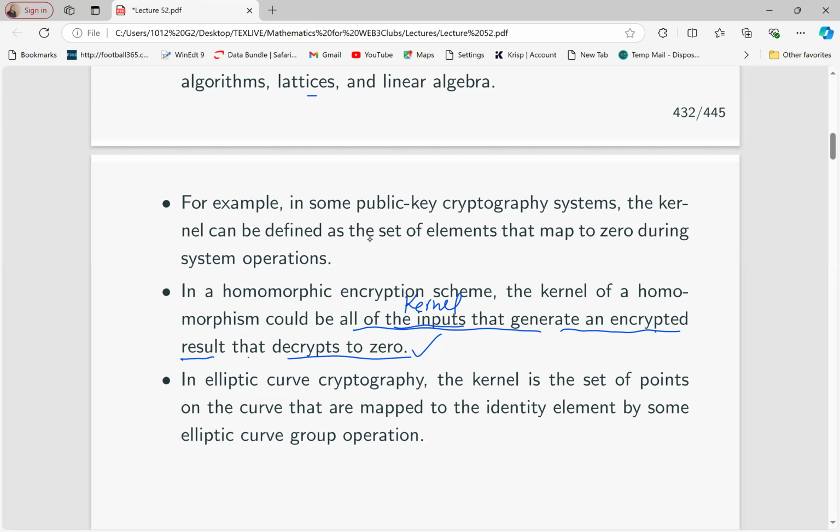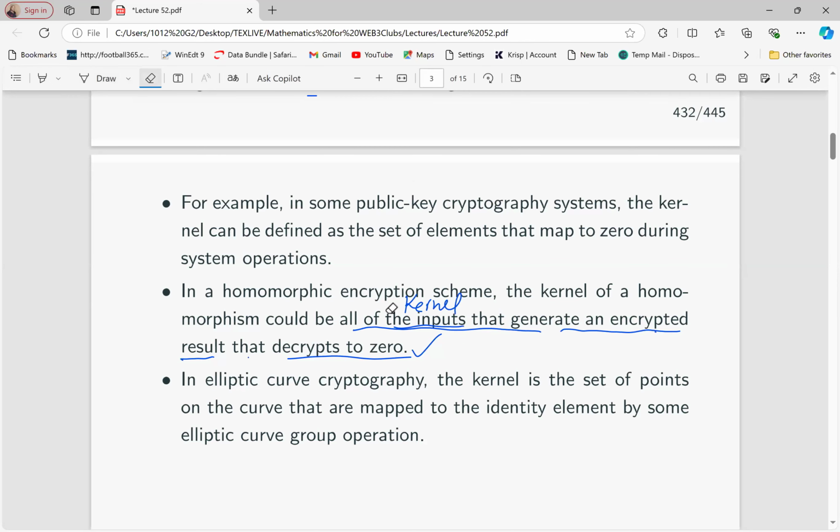You encrypt those elements, and after encrypting them, when you decrypt, they give you zero. Then we call them the kernel in homomorphic encryption. So you can see it's also used in homomorphic encryption.